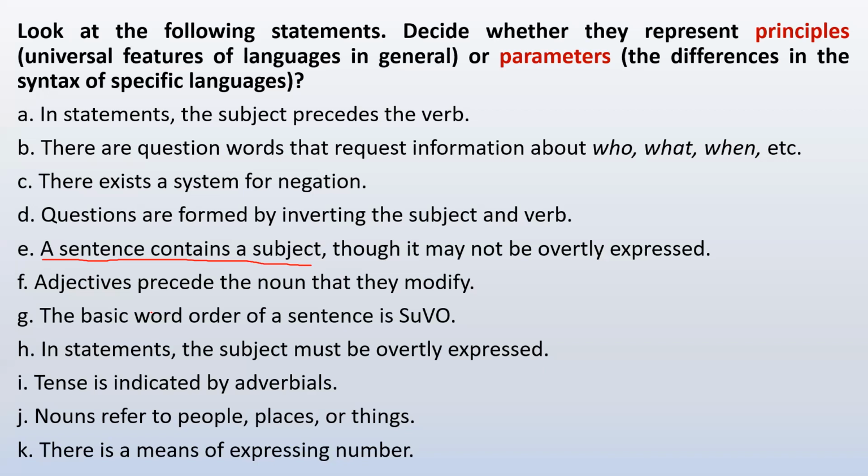But it is a grammatical thing, no, ma'am. Can be parameter. It's a parameter, right? So it's not a commonly shared feature among all the languages that adjectives should always precede the noun. Now, the principle can be adjectives are used to modify nouns, whatever the language is. That's the principle. But this particular statement F is a parameter, right?